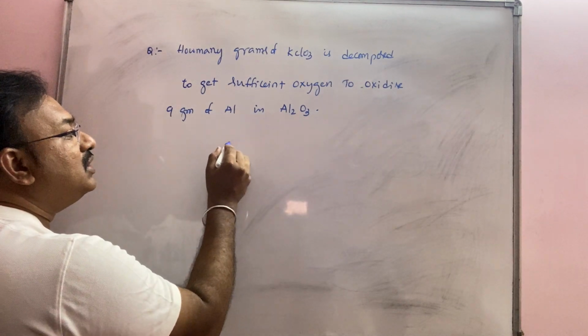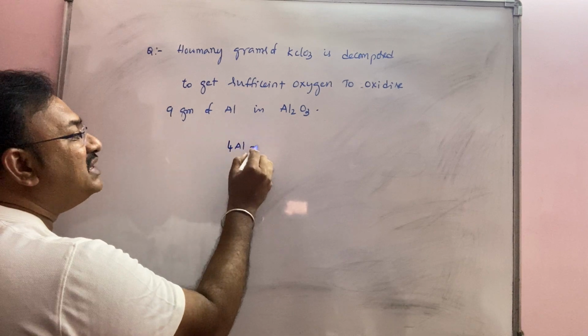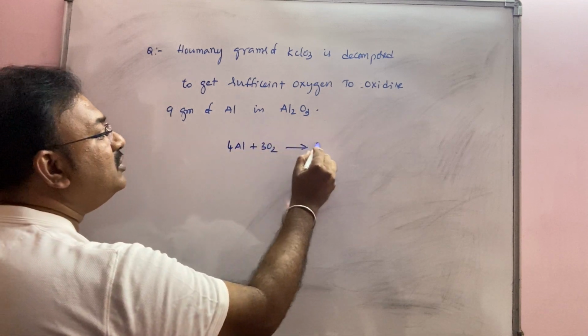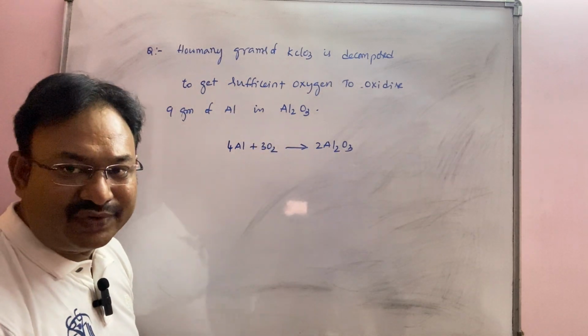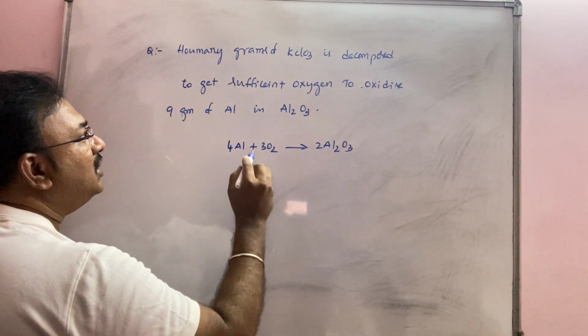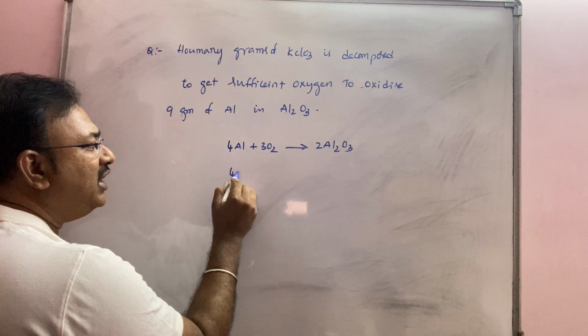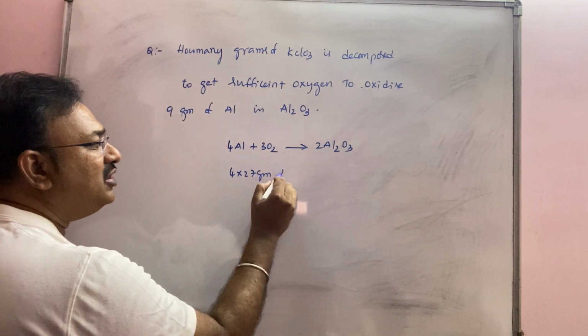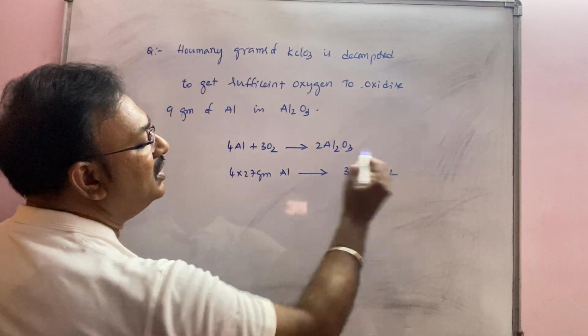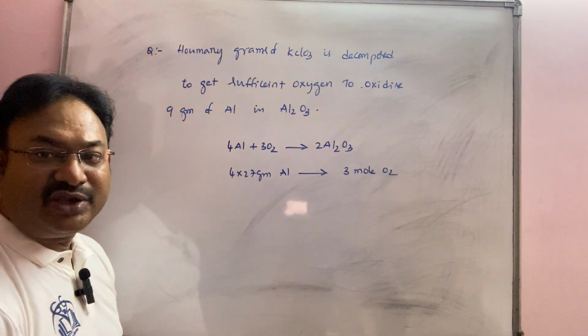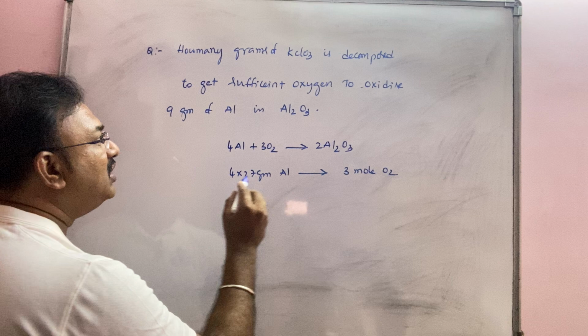So 4Al plus 3O2 gives rise to 2Al2O3. This is the equation for the oxidation of aluminum. Now 4 into 27 grams of aluminum require 3 moles of oxygen.